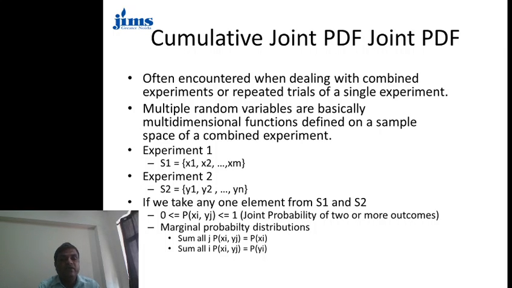If you take any one element from x and y, then its value is P(xi, yi), and it varies from 0 to 1. That is called the joint probability of two or more outcomes. Then there are marginal probability distributions, represented as the sum over j or the sum over i, where i and j are just variables, of the function of xi and yj, and that is a function of either xi or yj.